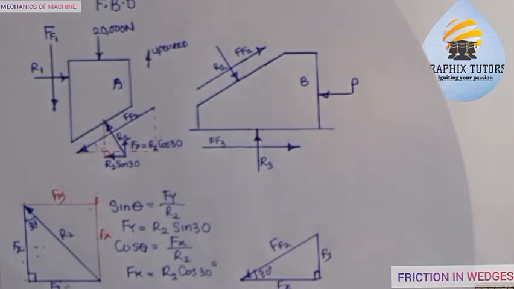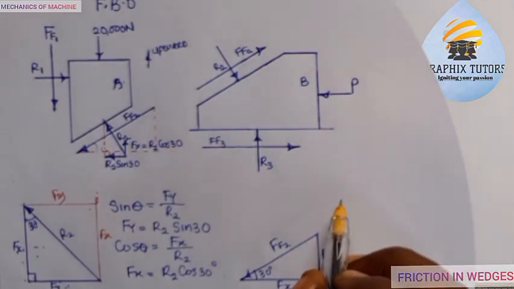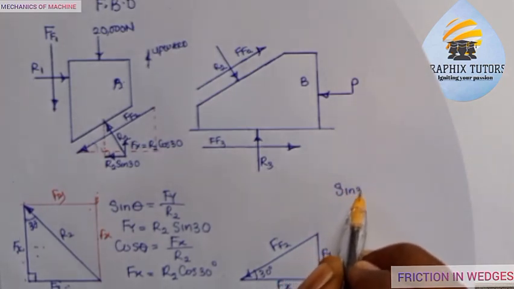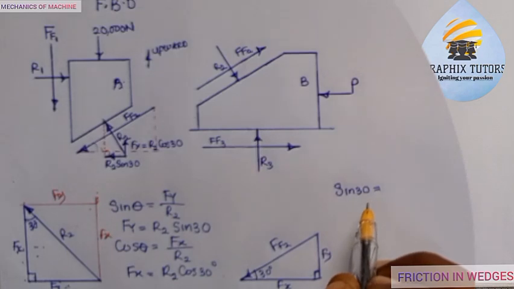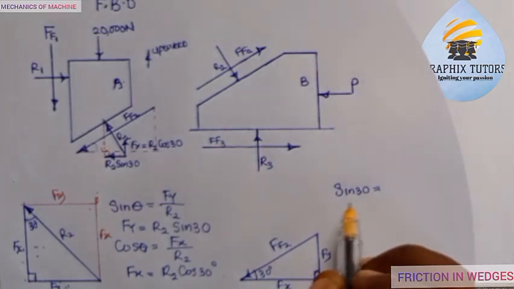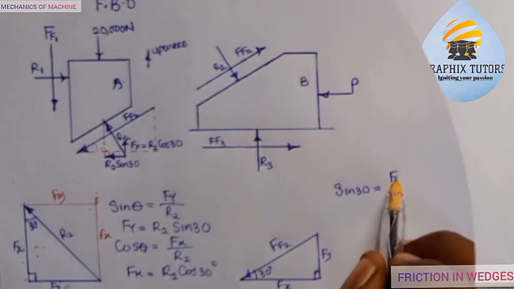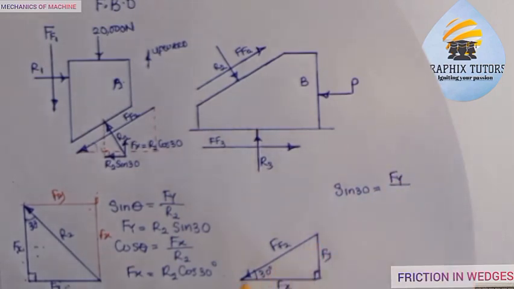You can see that? So we still apply the same rule that says that sine theta, or sine 30, is equal to opposite over hypotenuse. The side the angle is facing is my opposite, Fy, all over hypotenuse, which is the force itself.